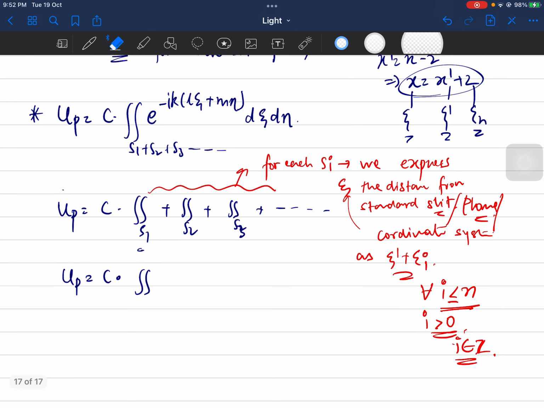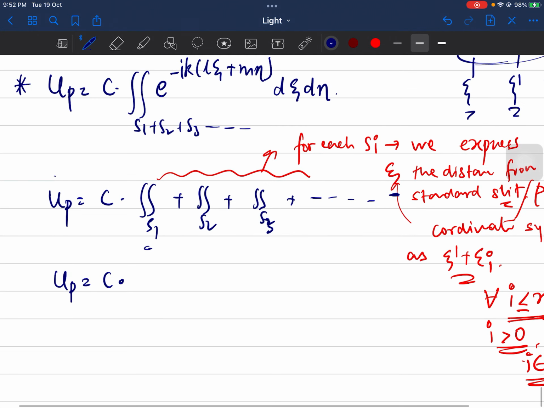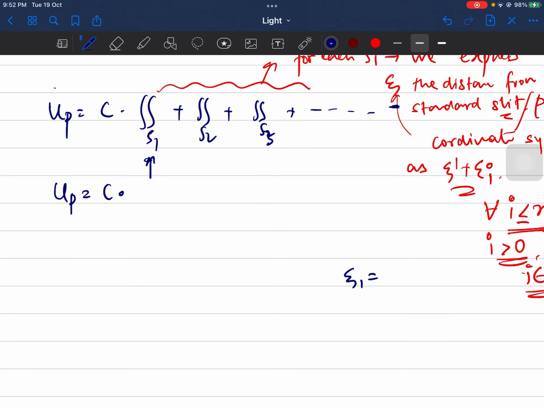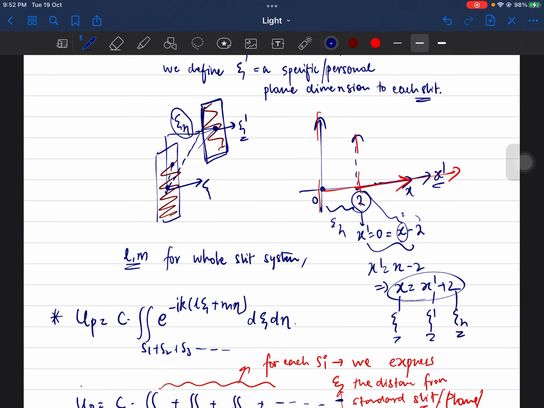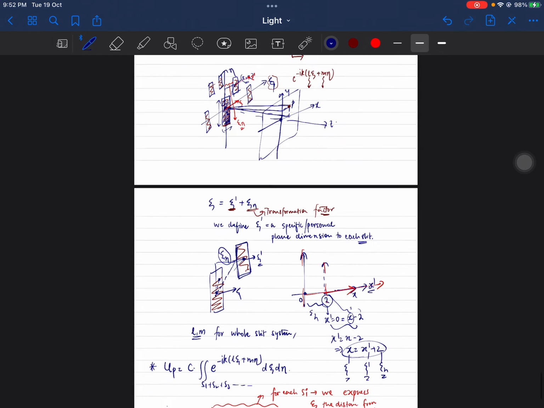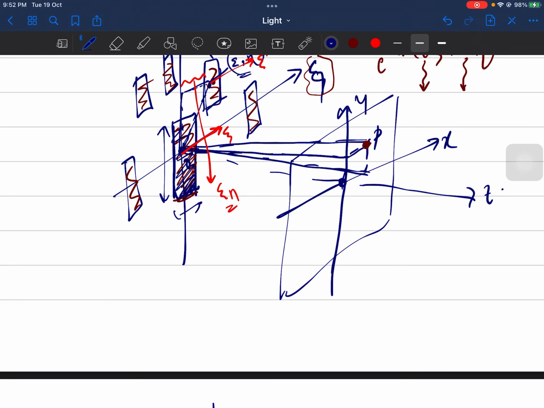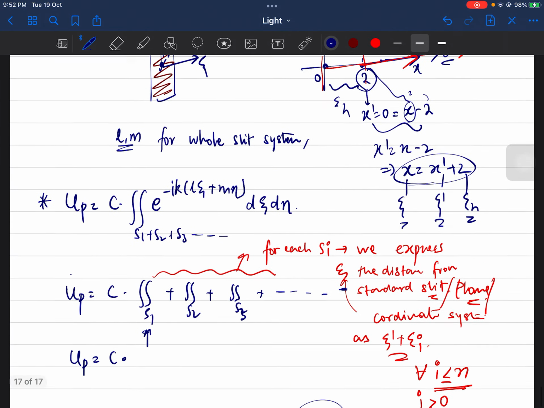So we clearly see that xi n terms are all constant, so they just come out, right? And xi 1 is 0. That is to note here. In our system we have a slit here at the origin, or we are considering the first slit as the standard one, as simple as that.